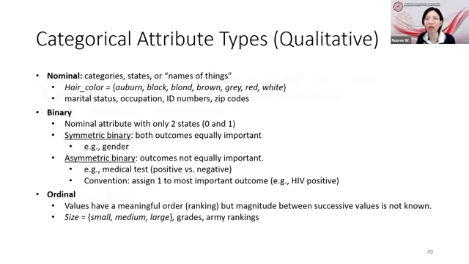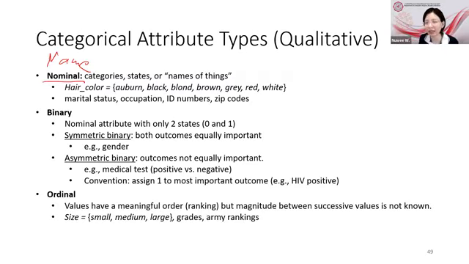Categorical attribute types, or qualitative data, qualitative from quality, right? Can be subcategorized into 2 subcategories, which are nominal and ordinal. So nominal, nom comes from name. That means it's the category or name of things.